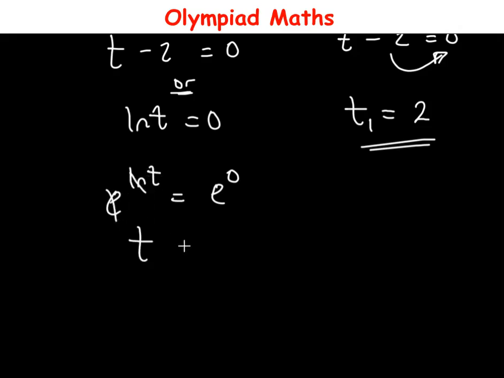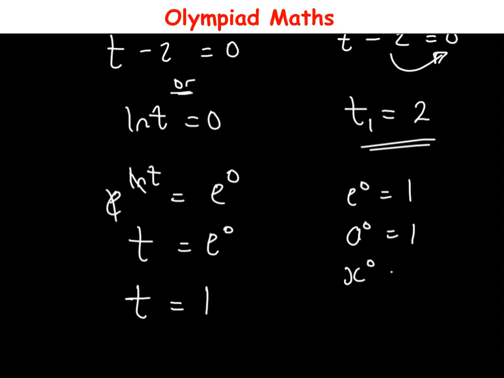What you have is t is equal to e raised to power 0, which is 1. In fact, e raised to power 0 equals 1. If you have a raised to power 0, it equals 1. If you have x to the power of 0, it equals 1. The only exception is 0 raised to power 0. This is not equal to 1. It is undefined. So with this, we have gotten the second solution for t as 1.